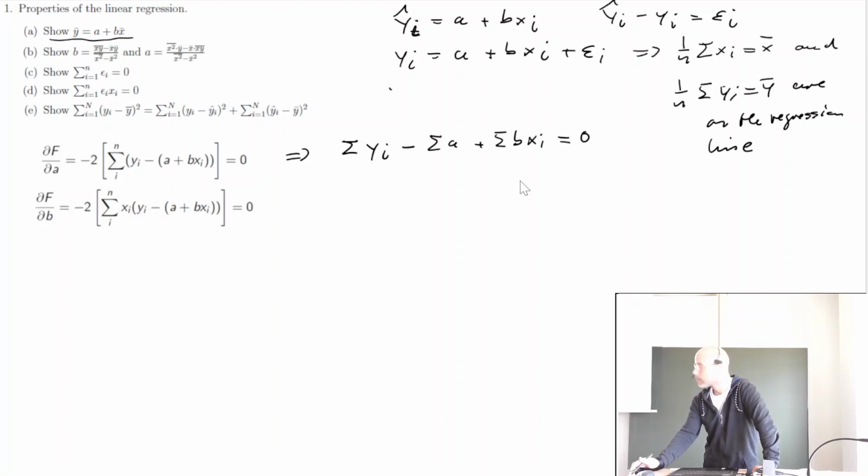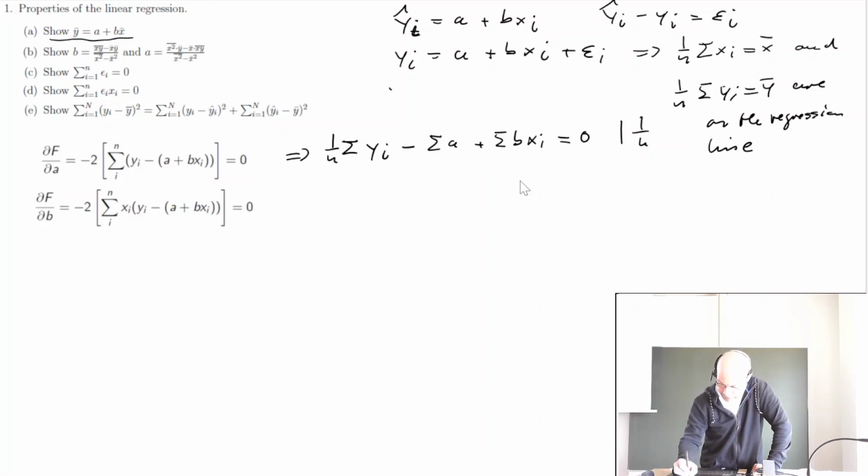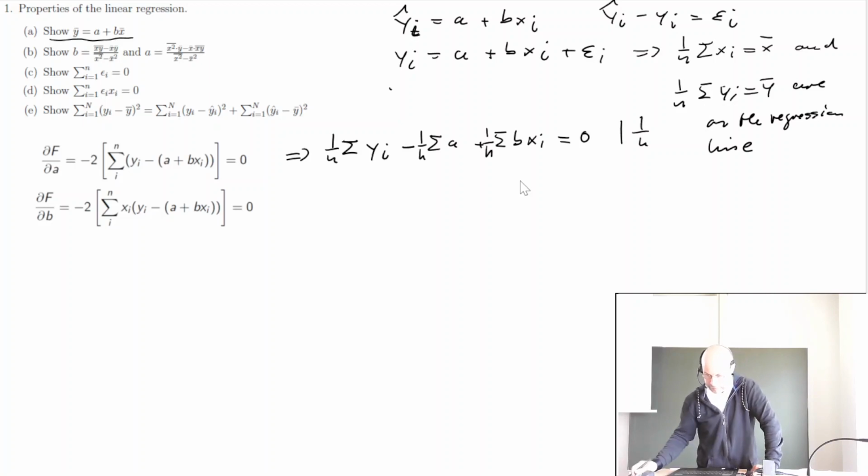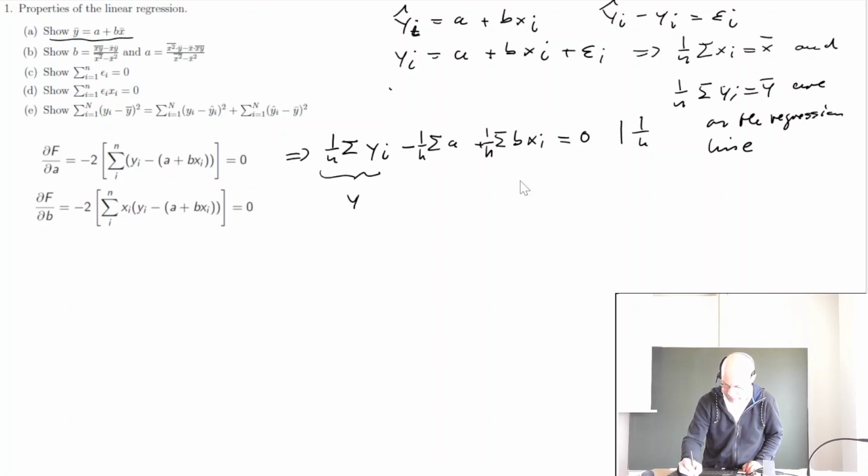Then this we can on both sides multiply by 1 over n. So we have 1 over n, and thus we have y bar here.